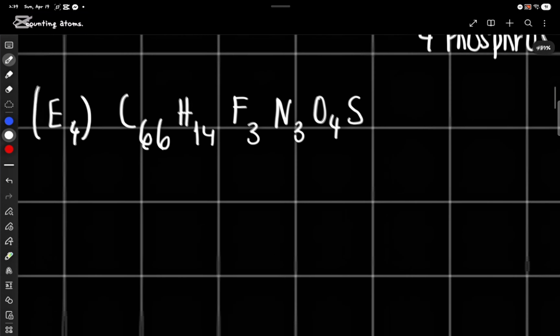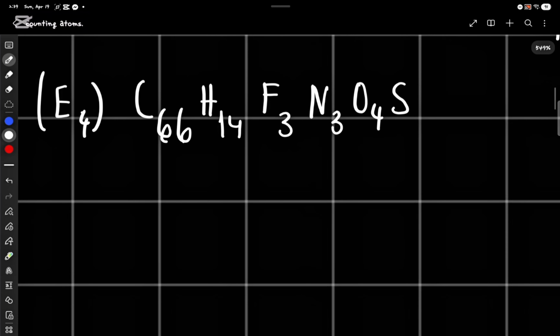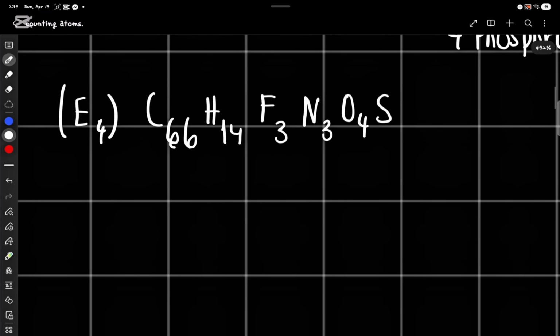And then this one, it's just a bit more complicated, but I think it's much easier than the ones we did above, because there's no bracket, there's no coefficient. You just count the subscripts. Be careful, okay?